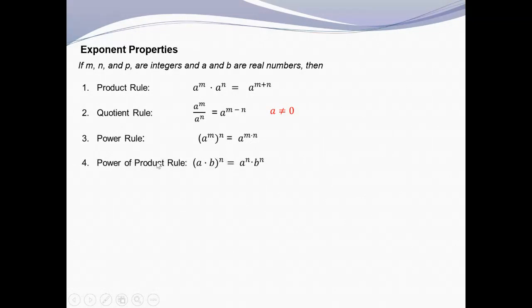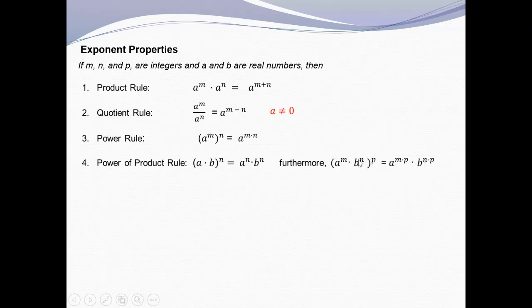This is the power of product rule. If you have a times b to the n power, you distribute the powers. So it'll be a to the n times b to the n. Furthermore, if you have a to a power, say a to the power of m times b to the power of n, everything raised to the p power, it's going to be a to the m times p times b to the n times p.